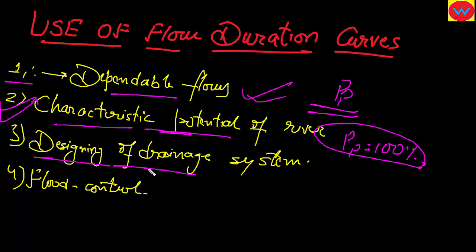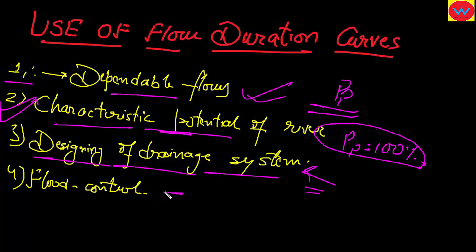You can also use it to design drainage systems, as we have seen in what season and at what time how much water will be available. So the probability of such discharge occurring in a river will be used for designing the drainage system.